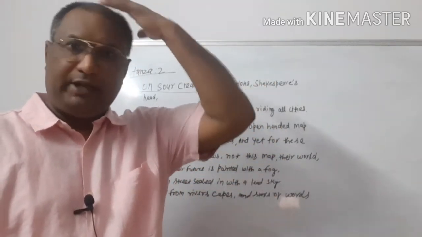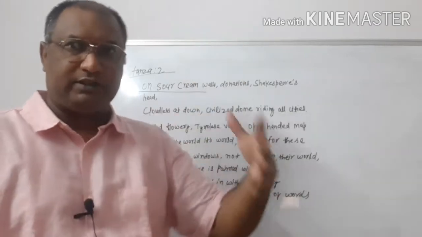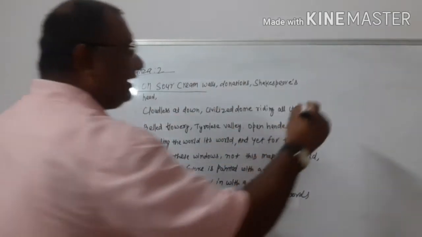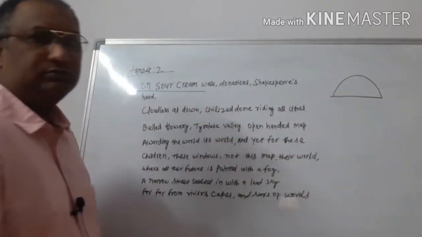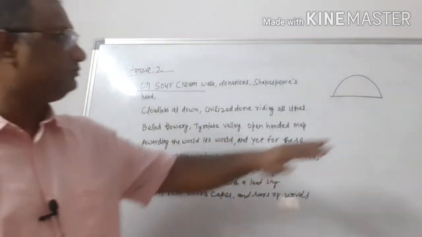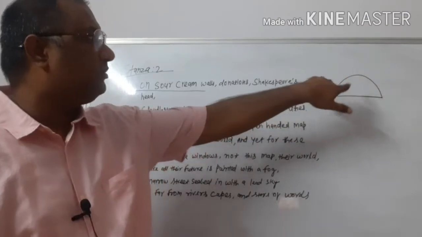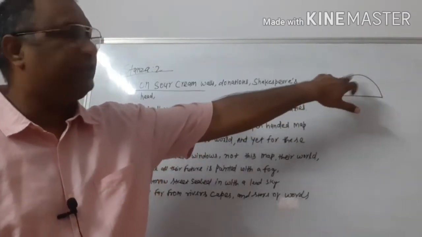So the front pate, this bald part of Shakespeare's head, appears like this, behind the horizon. So it is dome shaped.